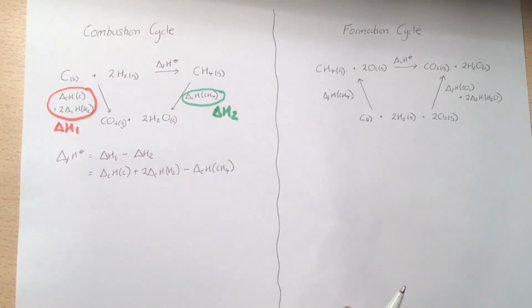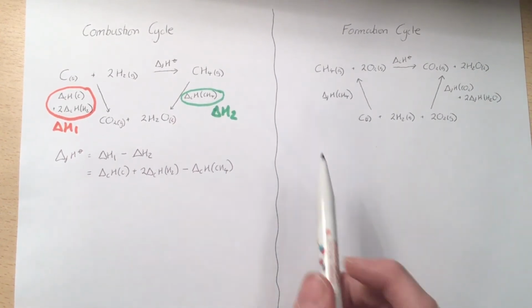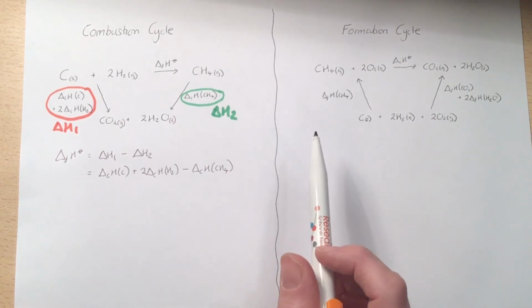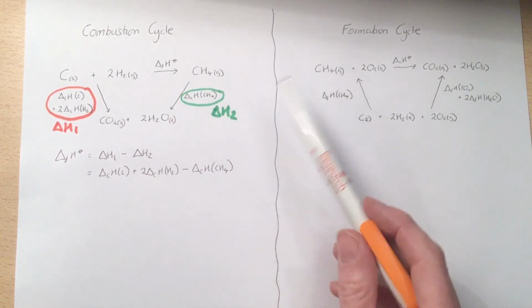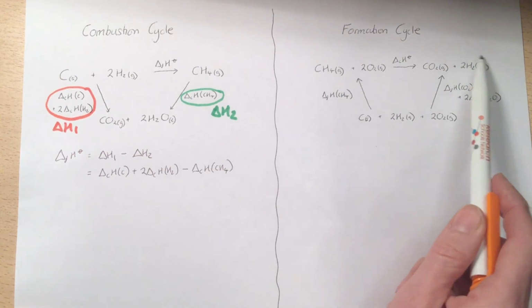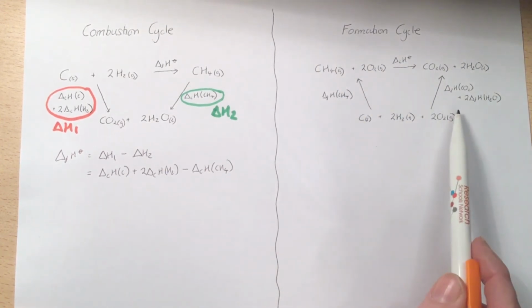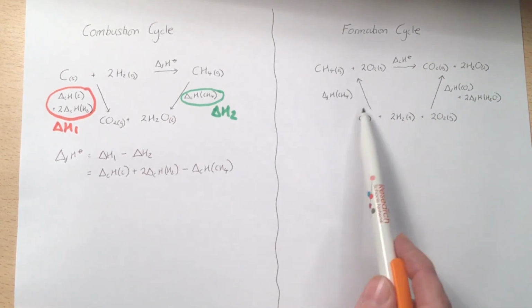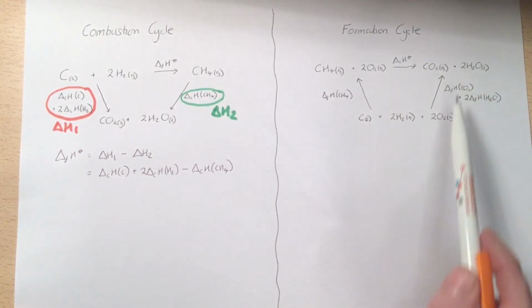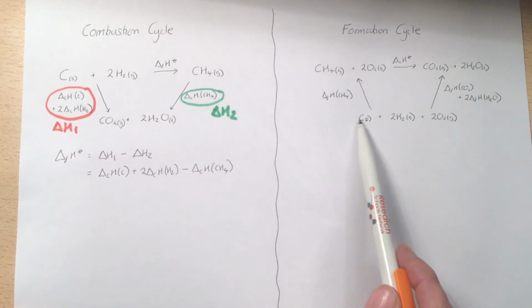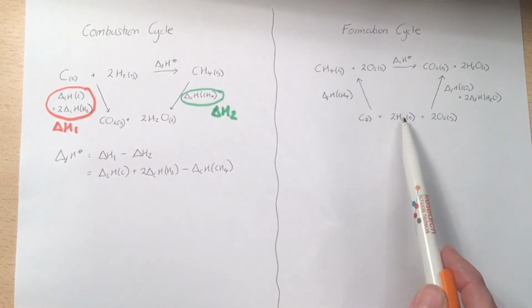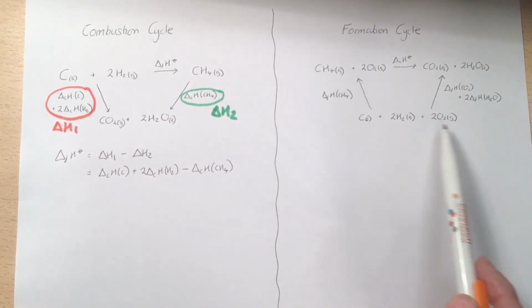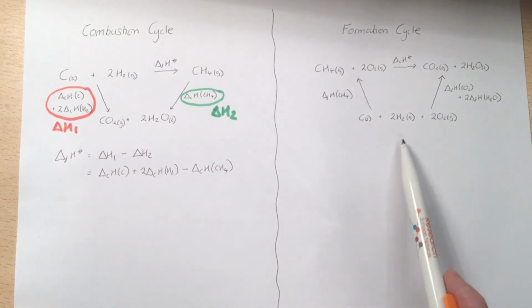If we compare that to our formation cycle, in this case it's actually a combustion reaction along the top, but the important thing about the formation cycle is it's got the elements that the compounds are formed from down the bottom. In this case, carbon, which is a solid in its standard state, hydrogen, which is a gas, and oxygen, which is a gas.